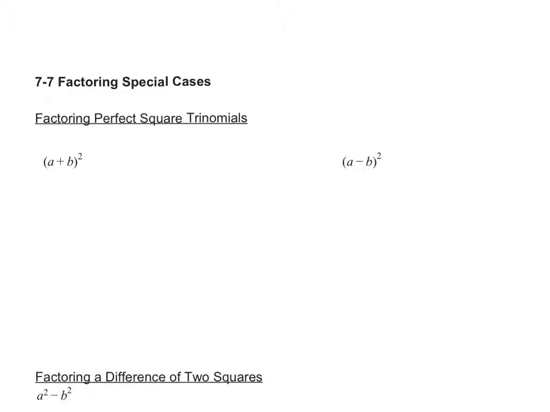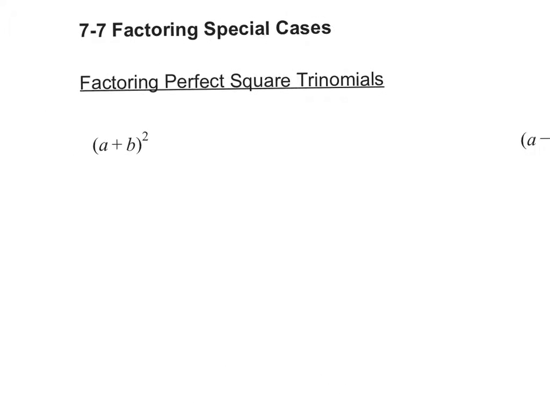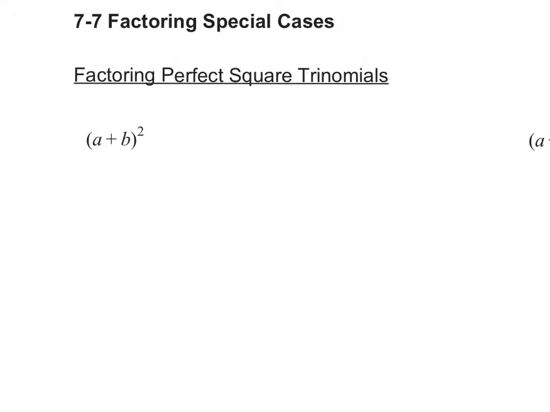If I work this backwards, I could say (a + b) times (a + b), because that's what it means to be squared. You multiply something times itself.